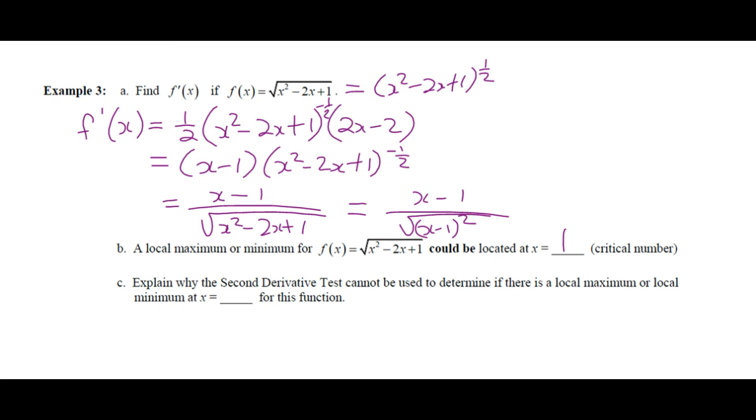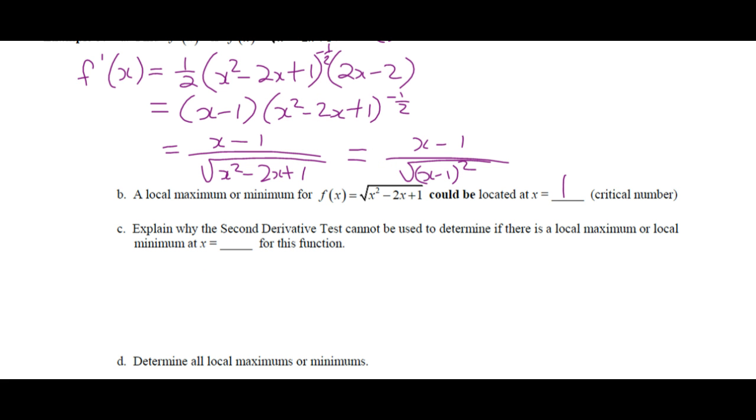It says, explain why the second derivative test cannot be used. It doesn't exist, because this will just end up being x minus 1 squared, and you're going to square that, so it won't exist there. So we say the second derivative test is inconclusive.